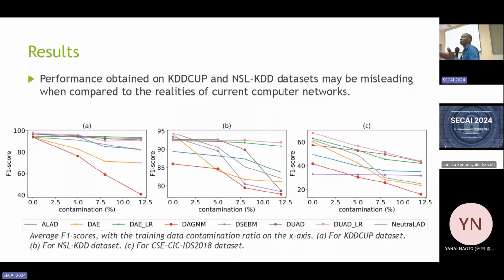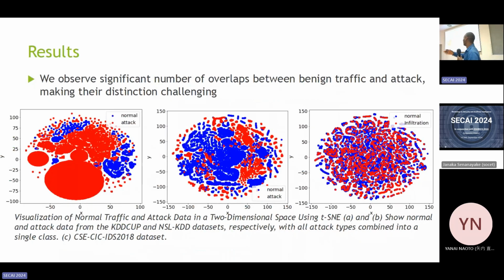Why? If you develop a new model and test it on those data sets, where the training data set is contaminated, you may think that your model is good, but that's not true, because those data sets are old, and the attack vector has evolved over time.